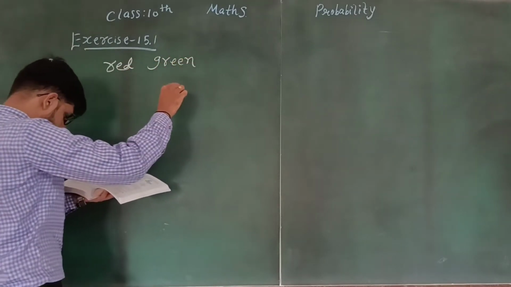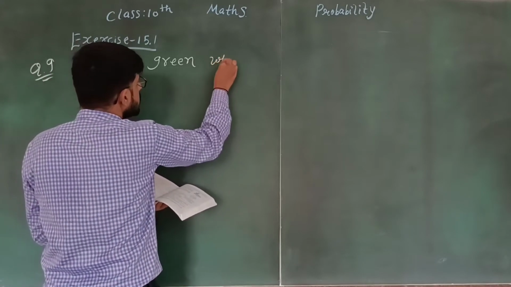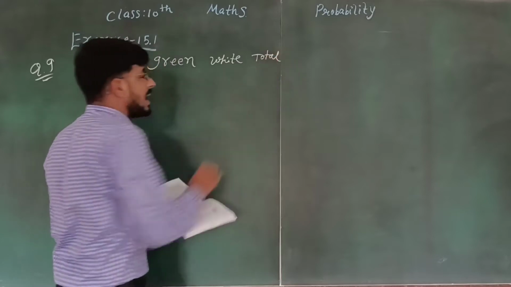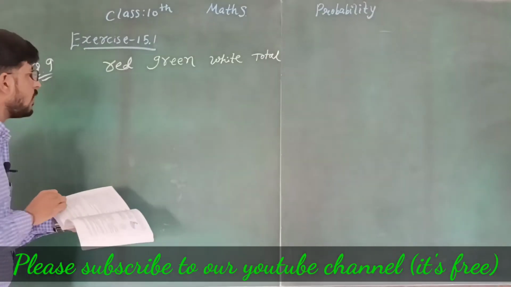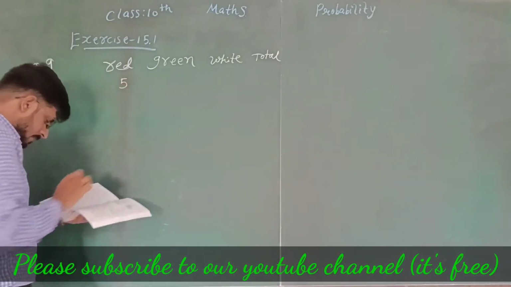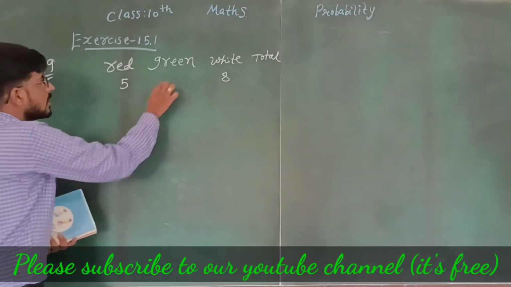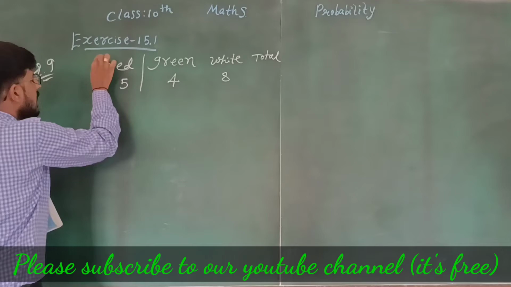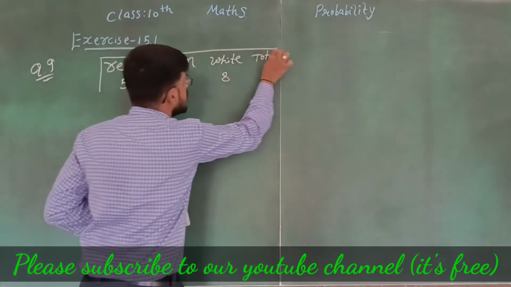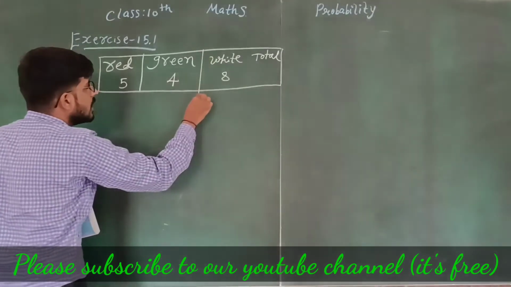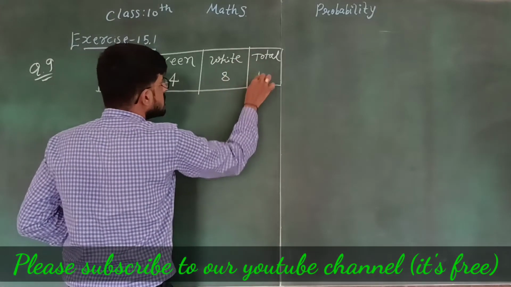Then we can write the total number of marbles. 5 red marbles, 8 white marbles and 4 green marbles are given in the question. So we can write 5 plus 4, 9, 9 plus 8 gives 17.